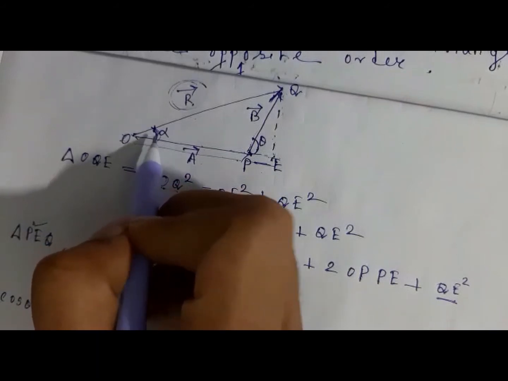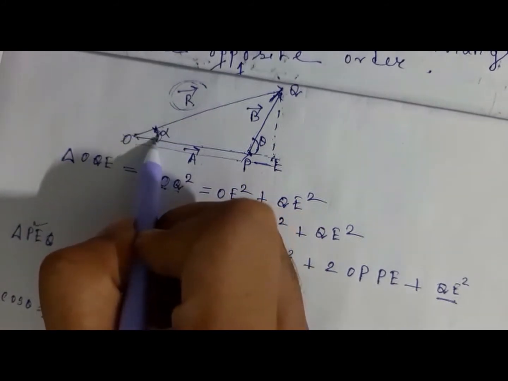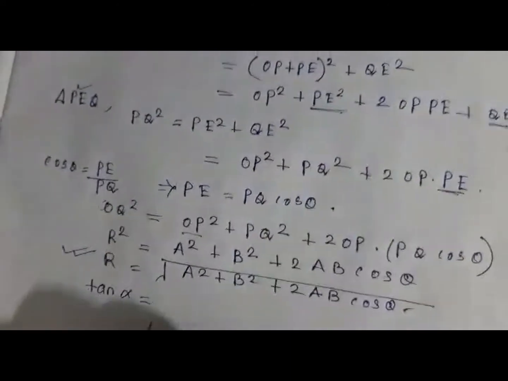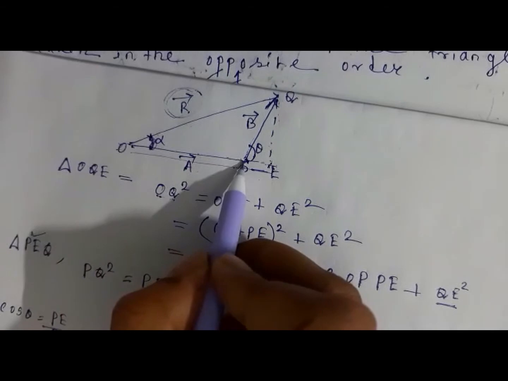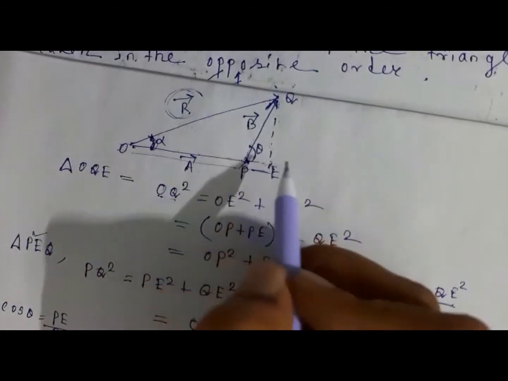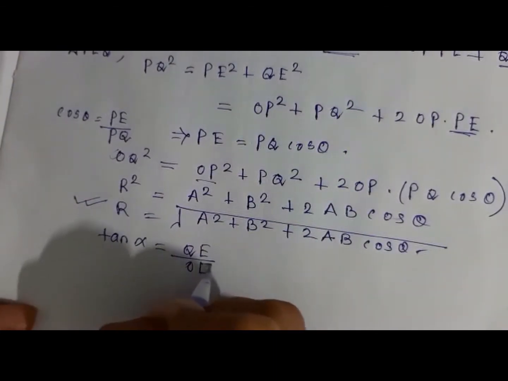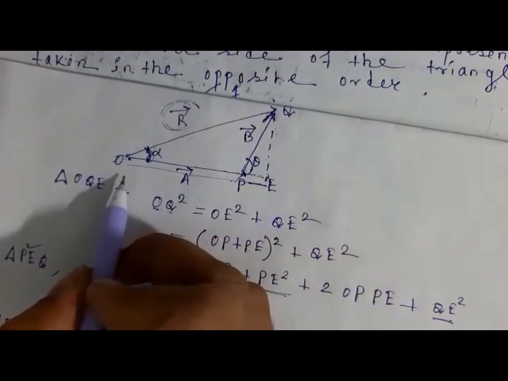If you want to find out the direction, you will find out alpha. Now tan alpha is going to be what? QE by OE.